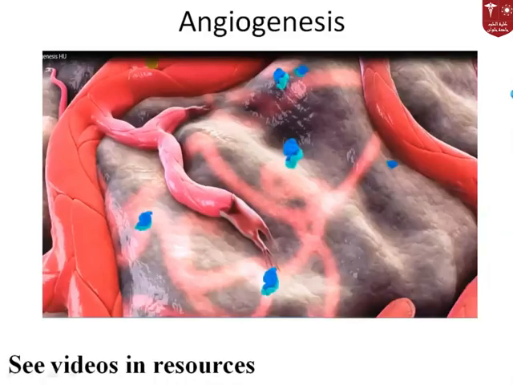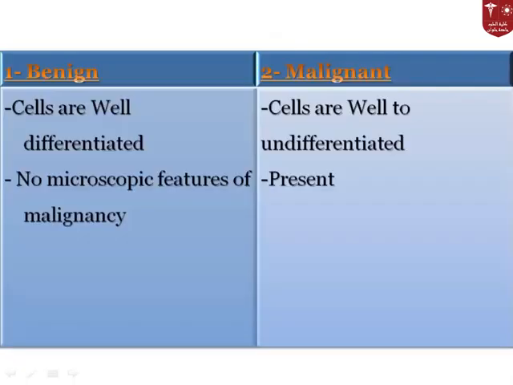So let's continue our comparison between benign and malignant tumors. Till now, we know that benign tumors are better. They have better criteria. They are well defined. They are usually capsulated. They grow by compression, while malignant tumors have worse criteria, like they are ill-defined. They have irregular borders. They grow by invasion, right?